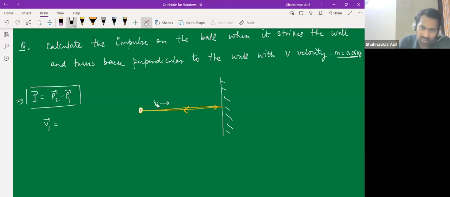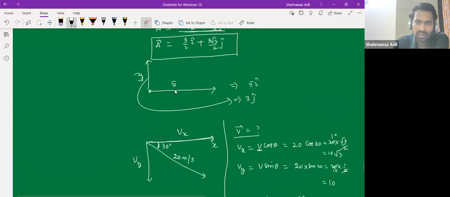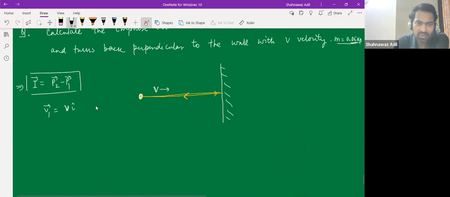So what is v in this i direction? Magnitude is v. So we have v, so v i. Clear?